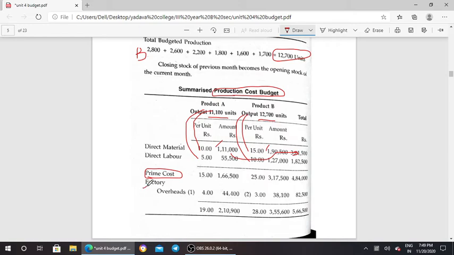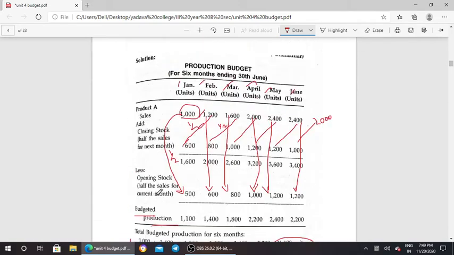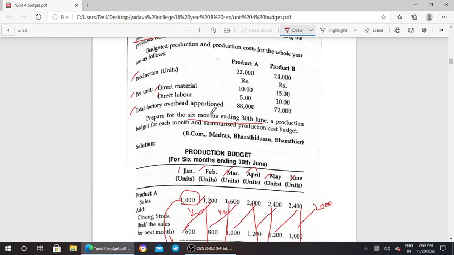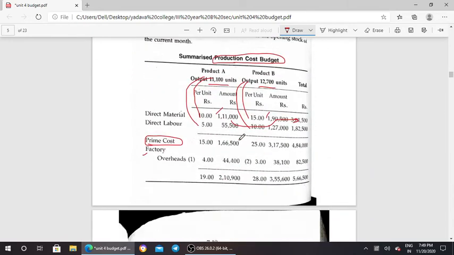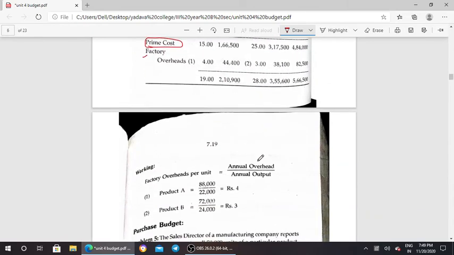But for factory overheads, they have given only the information. Total factory overhead is 88,000, production is 22,000. Here they have given 72,000, then 24,000. We have to calculate how much per unit. For that, annual overhead divided by annual output: annual overhead is 88,000, annual output is 22,000, so you will be getting 4 rupees.